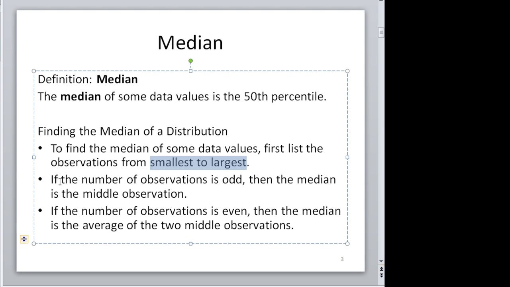If the number of observations is odd, then the median is the middle observation. But if the number of observations is even, then the median is the average of the 2 middle observations.